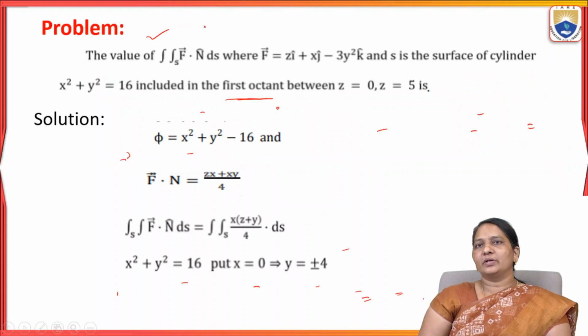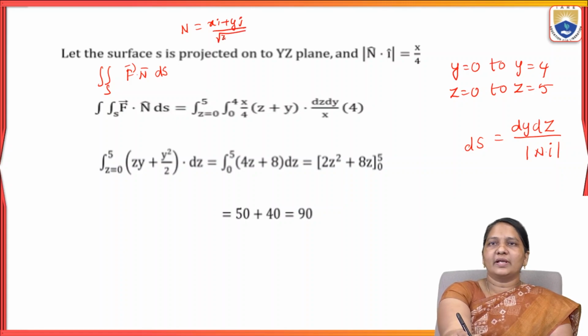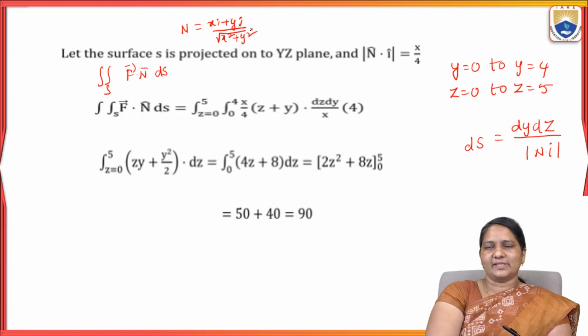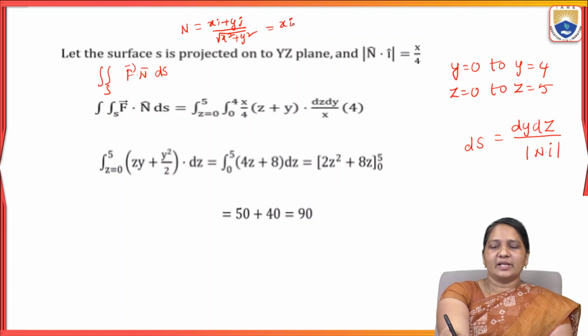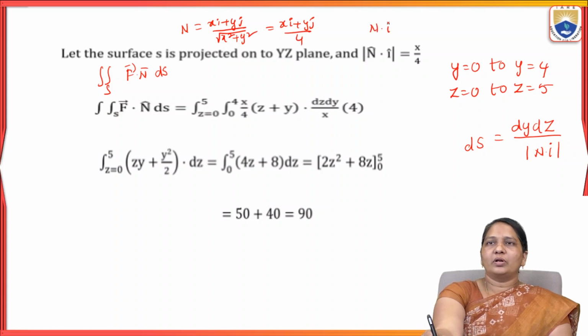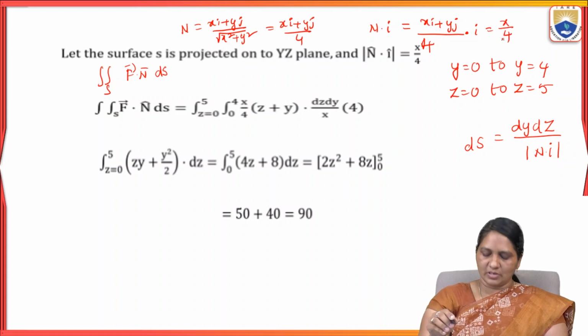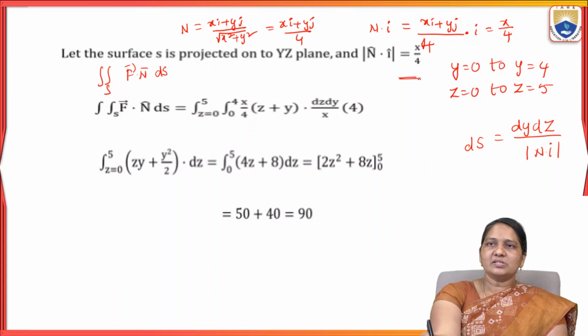What is the n value? n is xi plus yj by square root of x square plus y square, which means xi plus yj by 4. Now I am doing n dot i, that is xi plus yj by 4 dot i. I dot i is 1, so finally n dot i is x by 4.